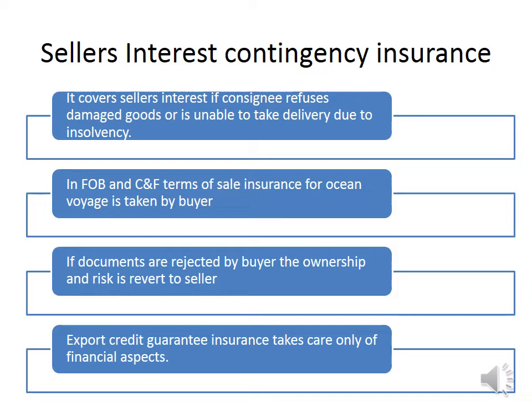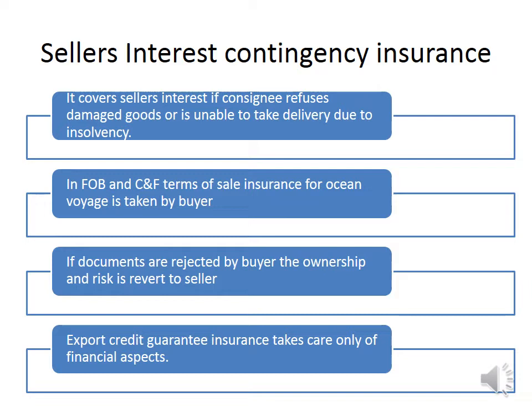One thing to be sure of in a contingency policy: marine perils normally covered under the policy should be operative. So if there is a fraud from the consignee, it is not covered under the policy. There has to be a marine peril which is operative. In FOB and CNF terms of sale, insurance for the ocean voyage is taken by the buyer.